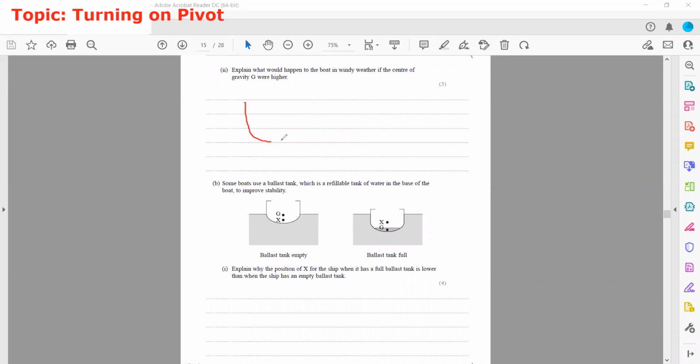Like this was a boat and the position of G is higher here as compared to the initial position.